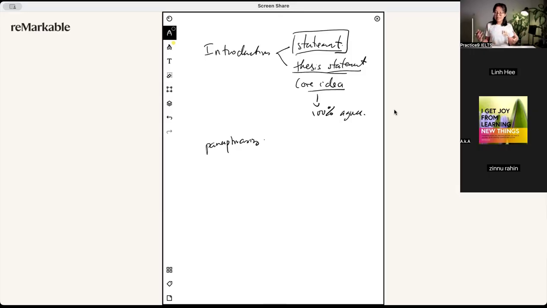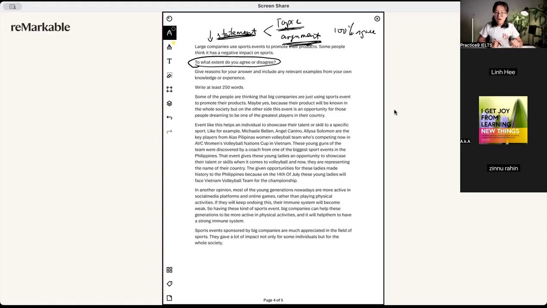Basically, if you change just a few words in the original statement, it is considered paraphrasing. The better you paraphrase, the more you paraphrase, the better for your score, of course.